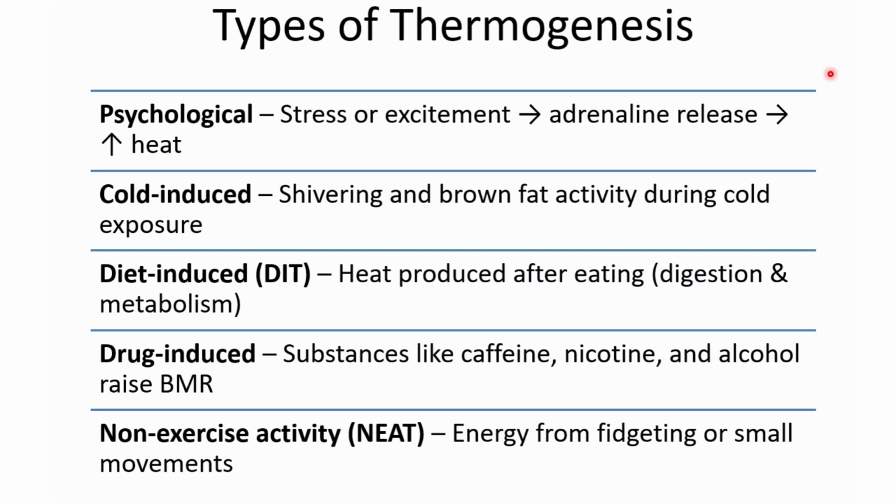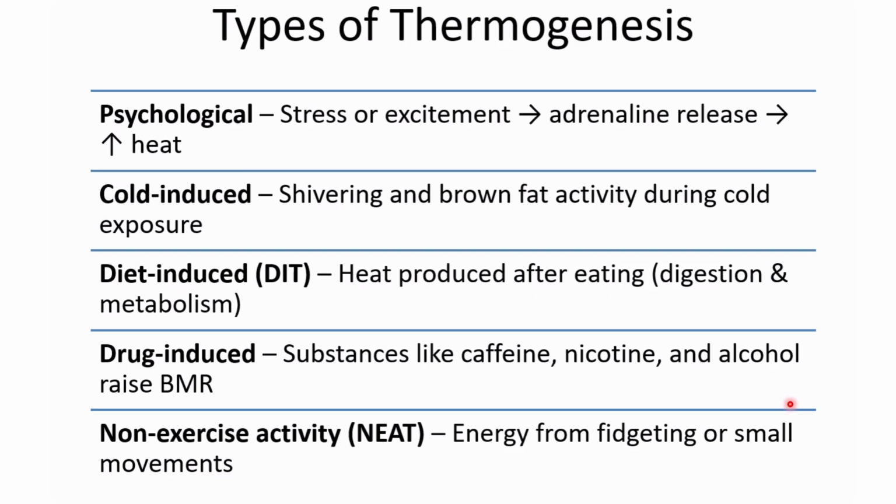These are: psychological thermogenesis, when you are anxious or excited, the hormone adrenaline speeds up the metabolism, making your body produce more heat. Cold-induced thermogenesis occurs in cold conditions. Shivering muscles and brown adipose tissue burn energy to generate heat and maintain body temperature. Then there is diet-induced thermogenesis.